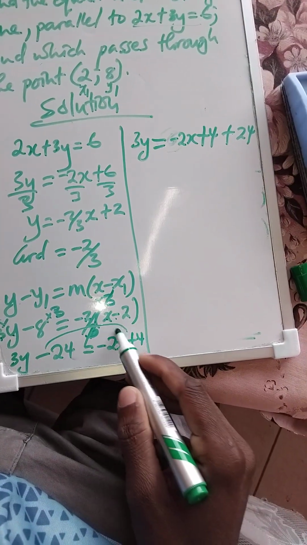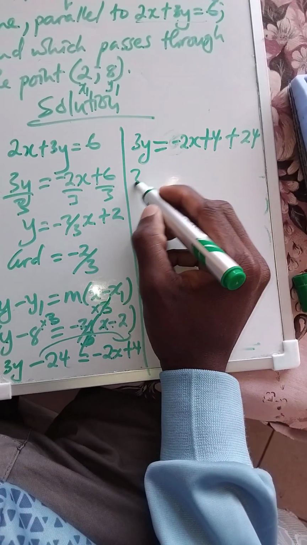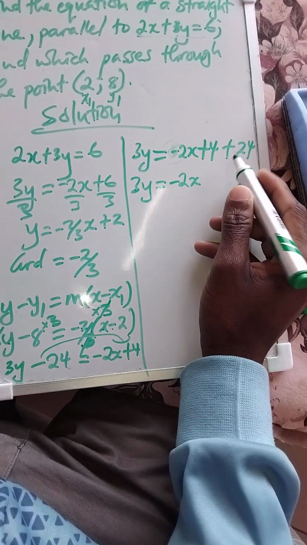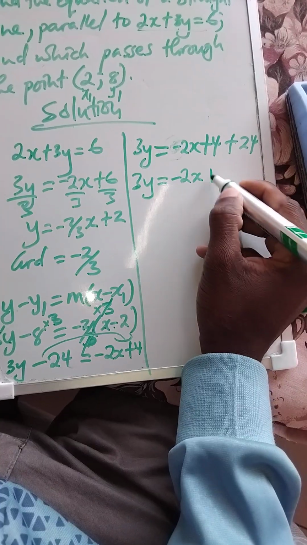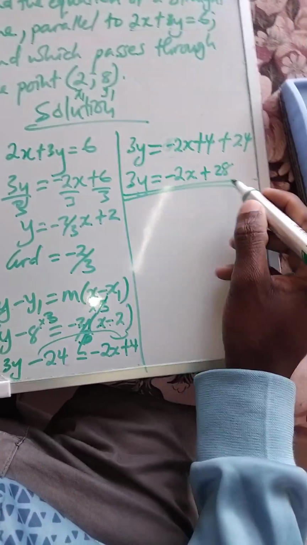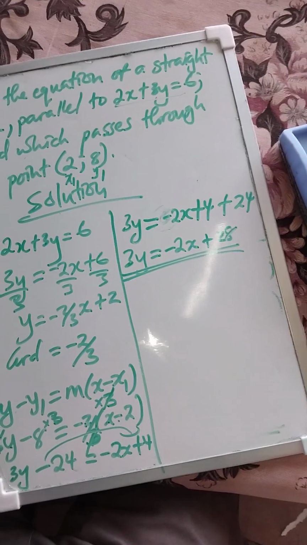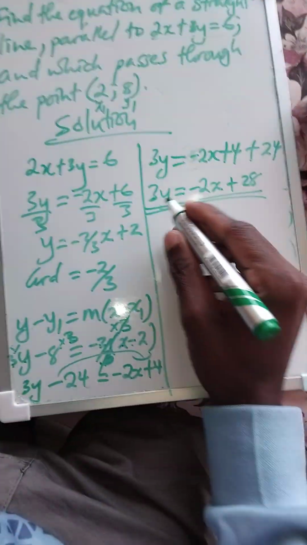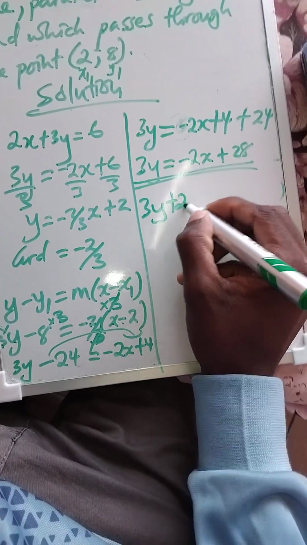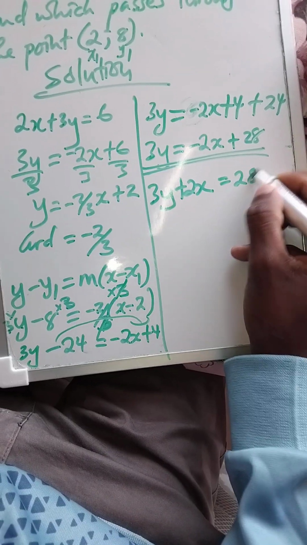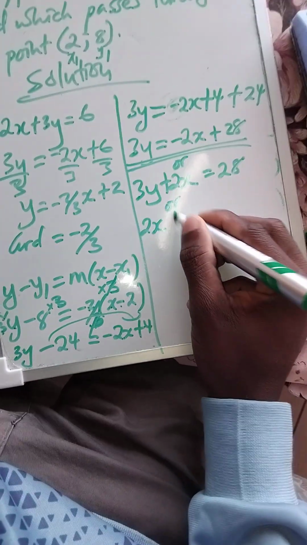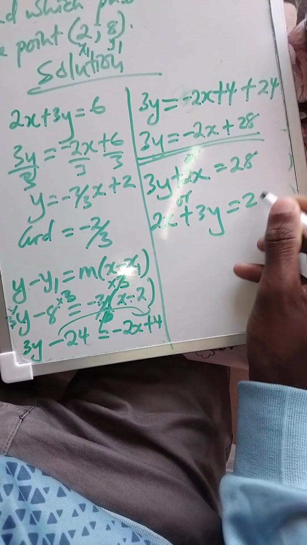So now 3y is equal to negative 2x plus 28. So this is our equation. Here 3y plus 2x is equal to 28, which is the same as 2x plus 3y is equal to 28.